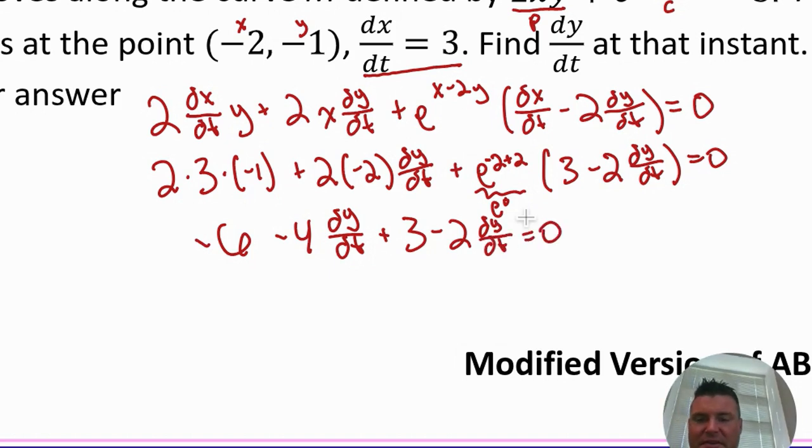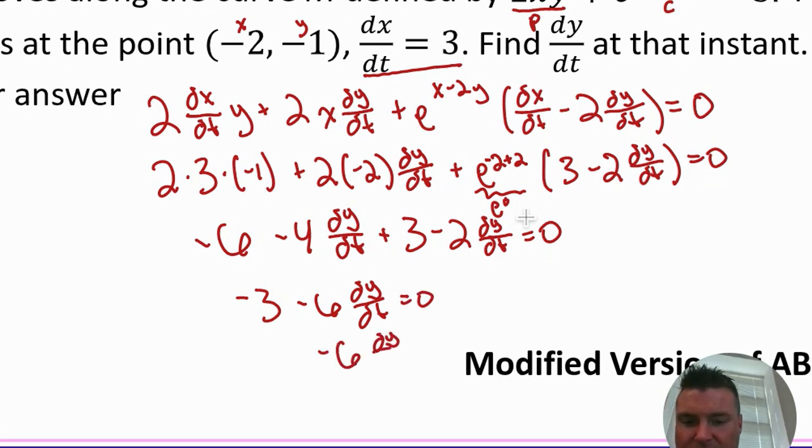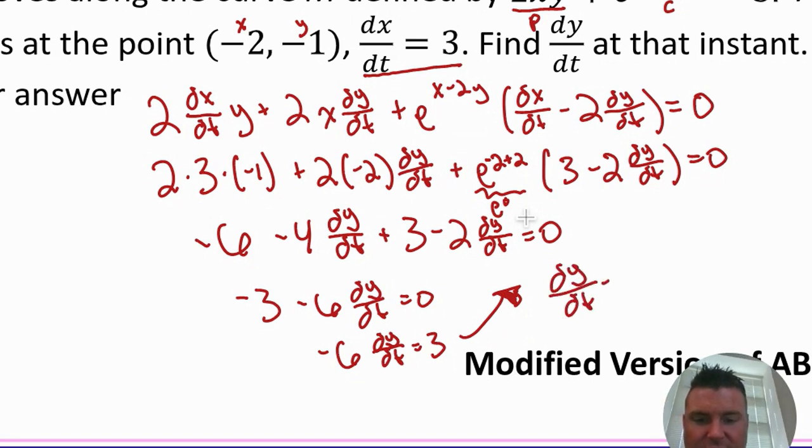Let's go ahead and collect everything. I'm going to get -3 minus 6 dy/dt equals 0. Let's throw that 3 on the other side. -6 dy/dt equals 3. Divide both sides by -6. I'm going to get dy/dt is equal to -1/2.